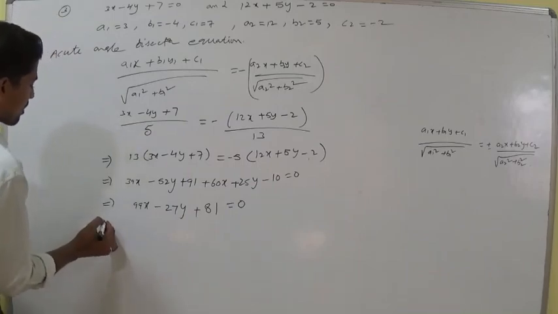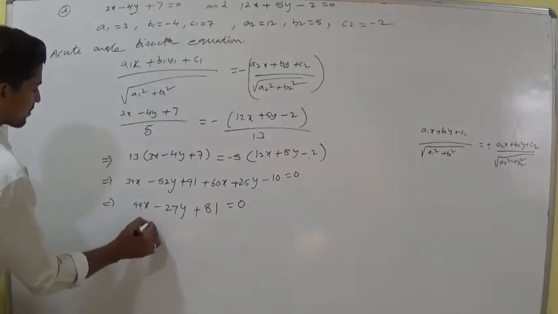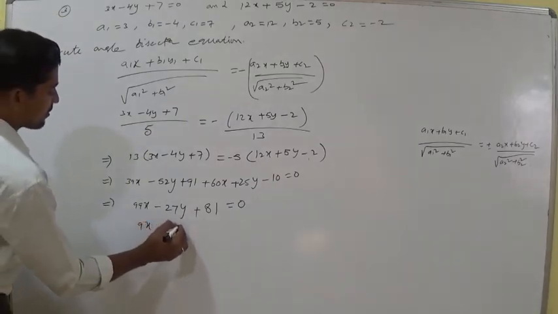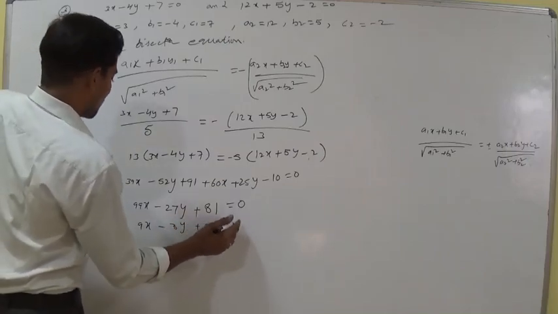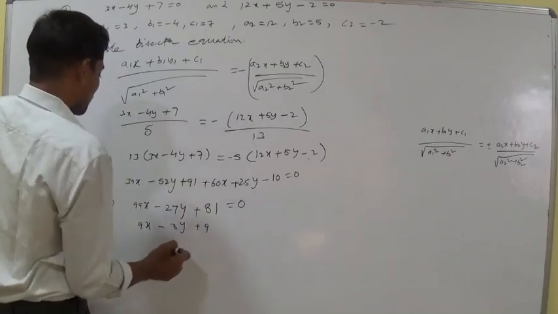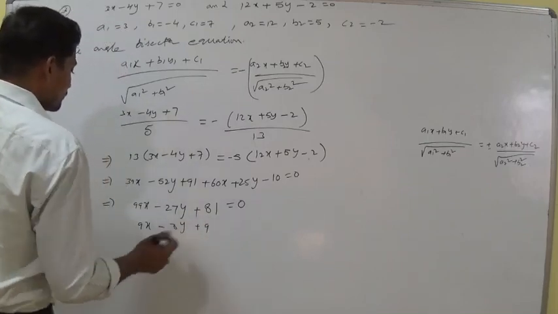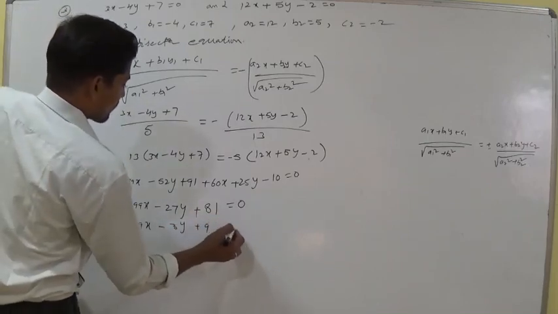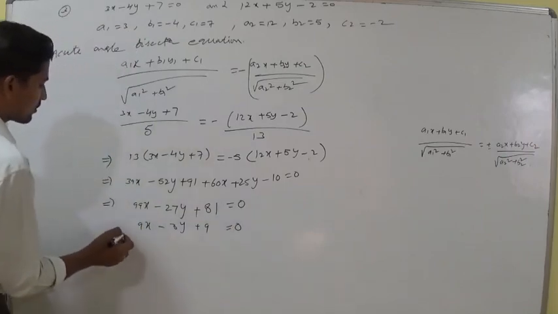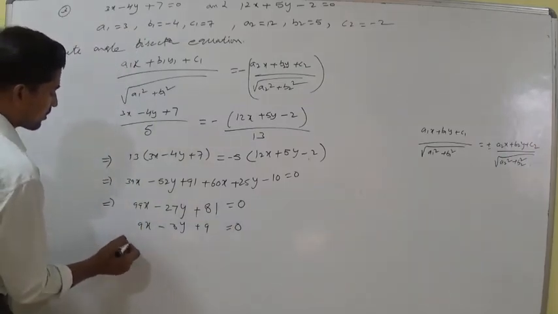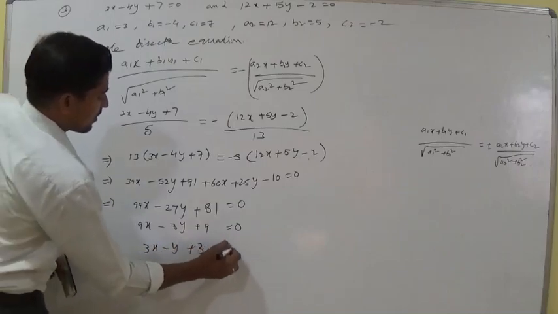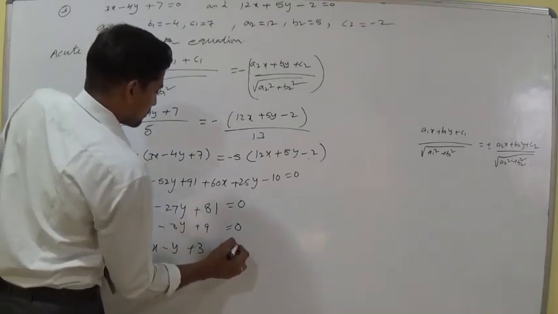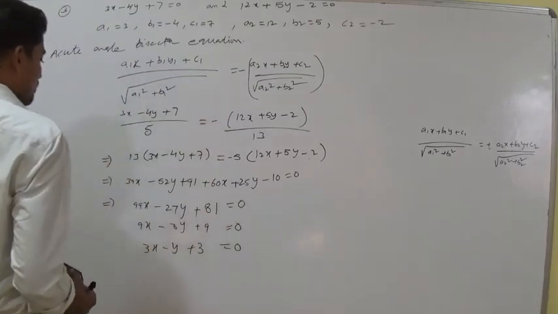See, 9 table: 9 times 11x minus 3y plus 9 is equal to 0. Again 3 table, 3x minus y plus 3 is equal to 0.